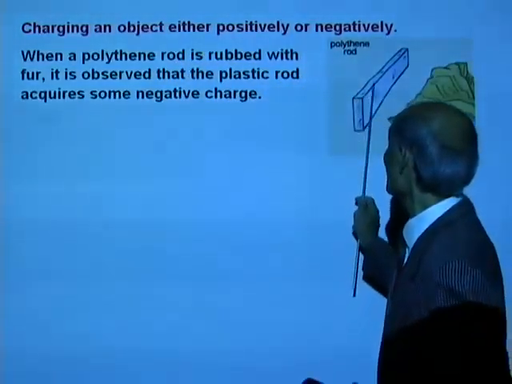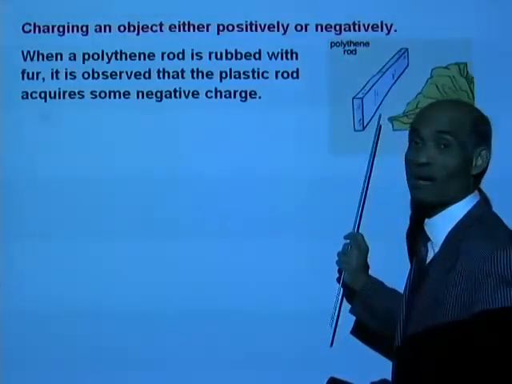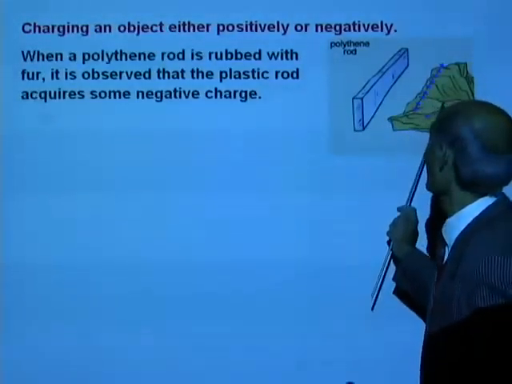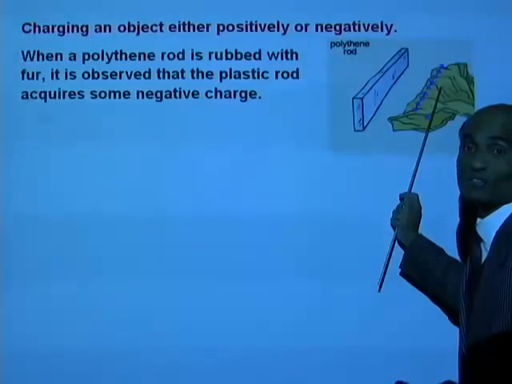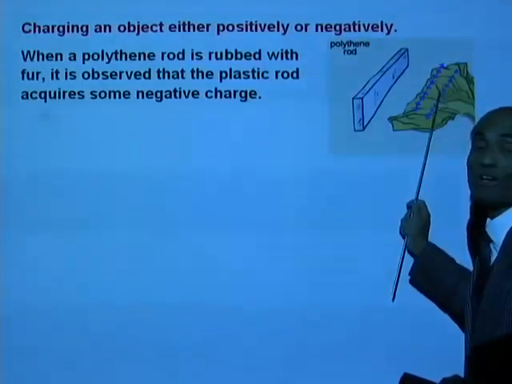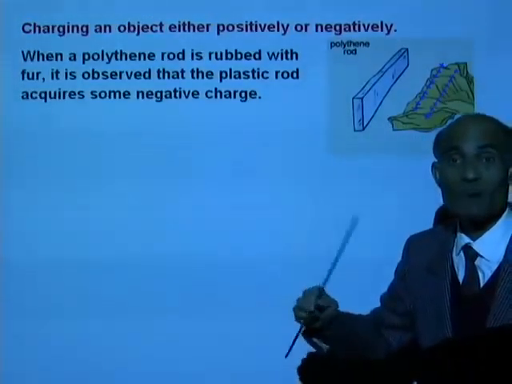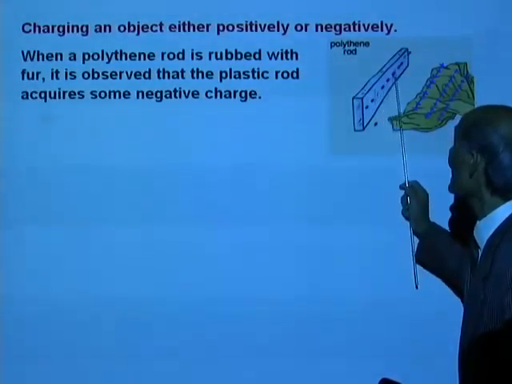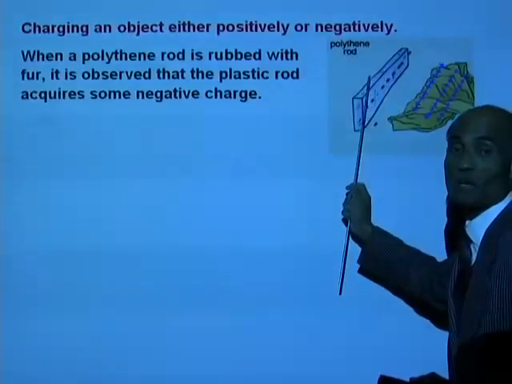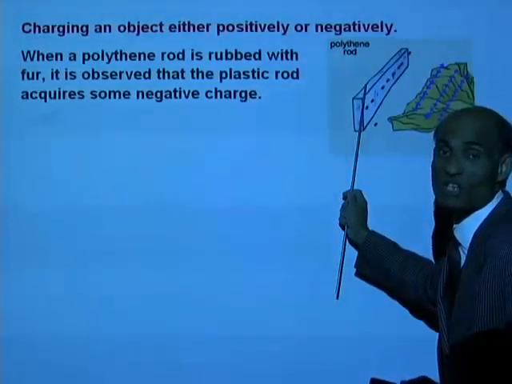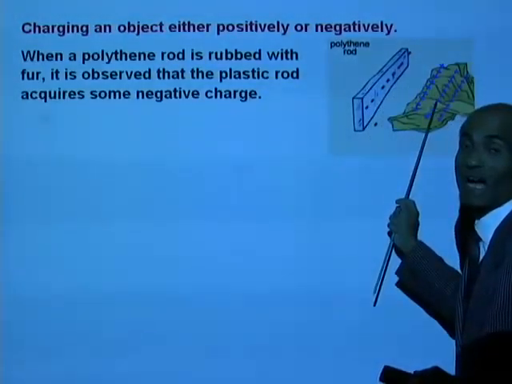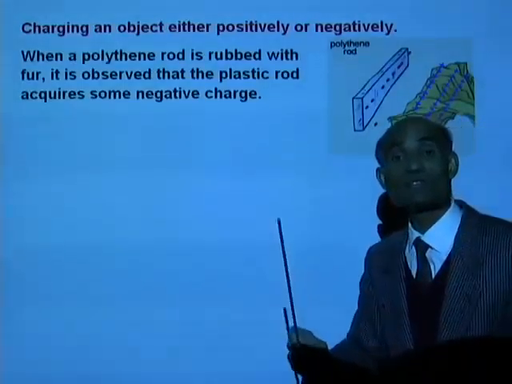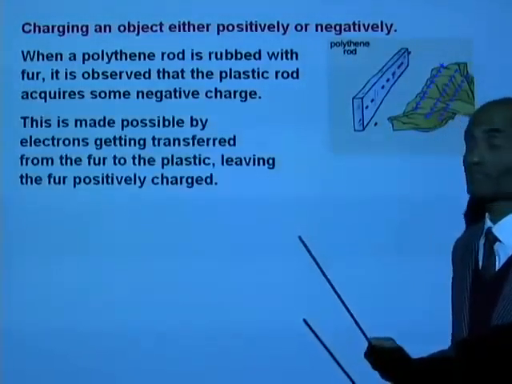So here we got the polythene sheet rubbed with fur. What happened? Fur lost electrons. That means the fur now has an excess amount of positive charge. And the polythene gained electrons. We have a polythene sheet that is now negatively charged and the fur that is positively charged.